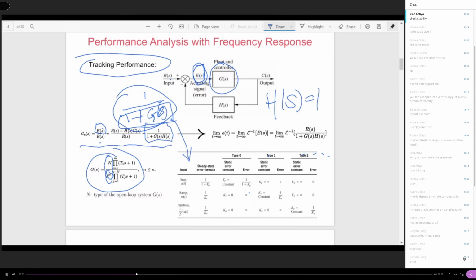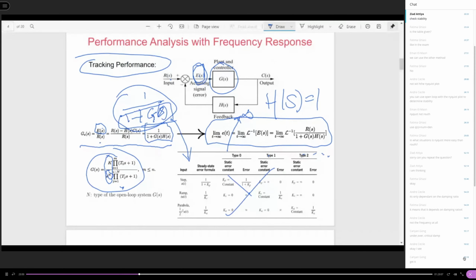Don't take it for granted. Don't just take the open loop system and say, yeah, I got the tracking performance. If you don't check the closed loop stability, there's a good chance that the closed loop system is not stable. If it is not stable, then the error signal is going to go to infinity, and this table is wrong.